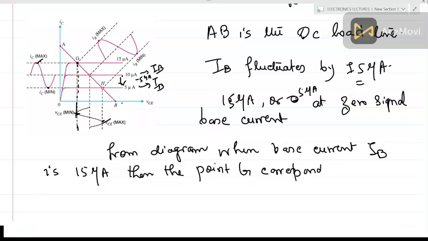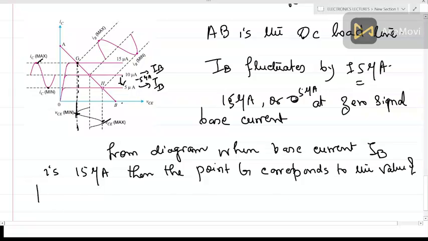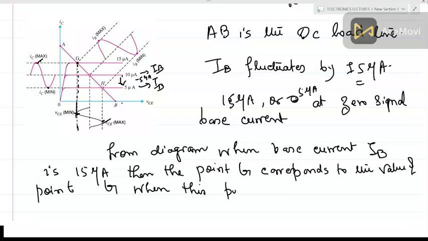Then the point G corresponds to the value of, now what are this G and point H? This is a coordinate I have told you already. This is the value of voltage and current. The current value is 15 microampere. The voltage value is in the negative direction, minus ICRC. If you reproduce this voltage backwards, it corresponds to the value of point G.